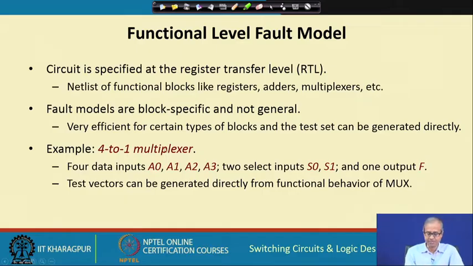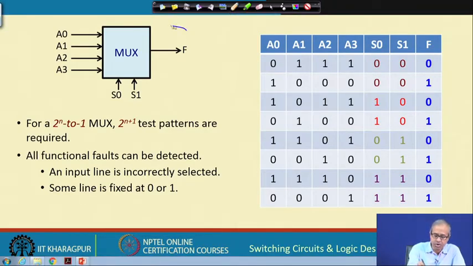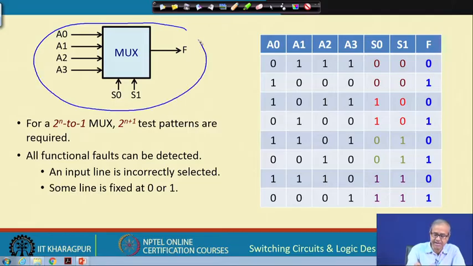I shall be taking a 4 to 1 multiplexer as an example, where there are 4 data inputs, 2 select inputs and 1 output. Look at the multiplexer schematic diagram here. The 4 inputs are A0 to A3, select lines S0 and S1, and the output is F. The corresponding truth table is shown here.